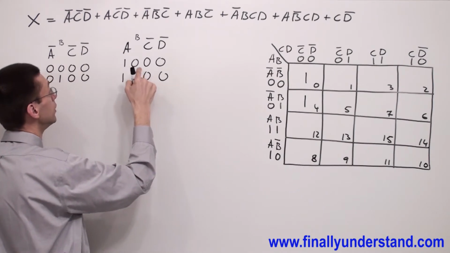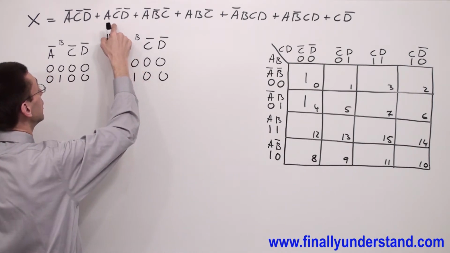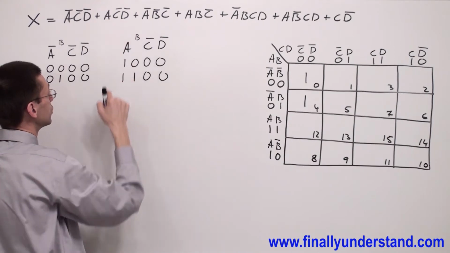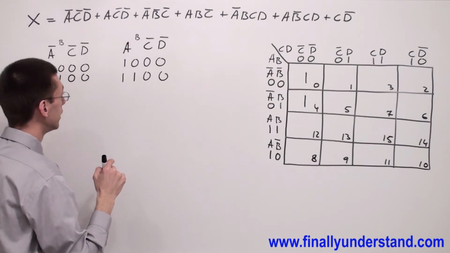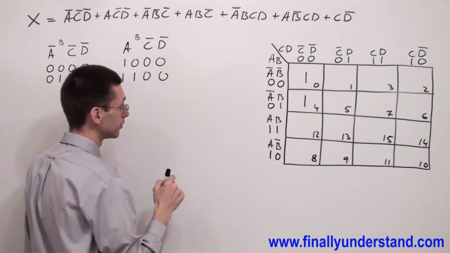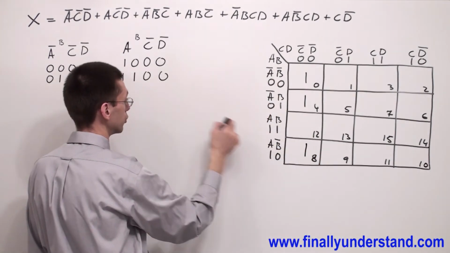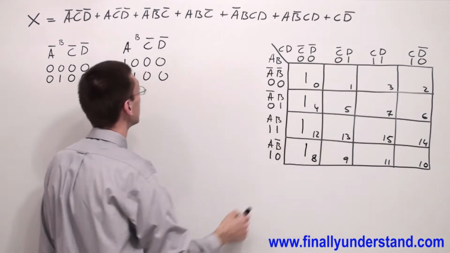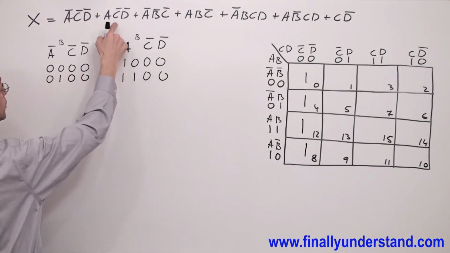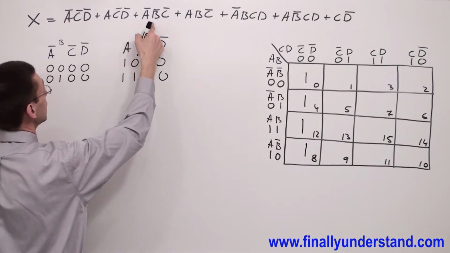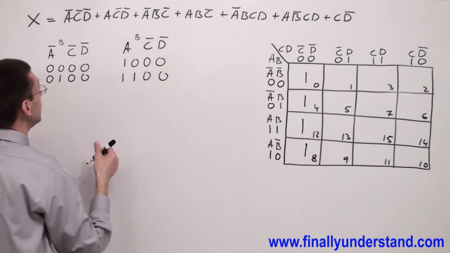That's why this term represents 2 ones, in cell 8 and cell 12. I'm finished with this one. Let's take a look at this one. I have A naught, B naught, C naught.